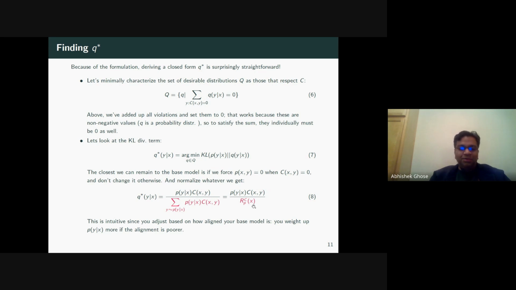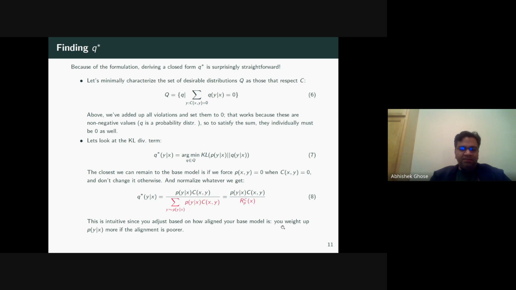The real problem is we don't know what this denominator is, right? We are saying, what is the innate alignment of the base language model with the constraint, right? There is no easy way to compute this quantity, but at least on paper it's a very simple expression, right? And this is an intuitive thing. First of all, you are taking into account a property of the base language model which we ignored in FUDGE, right?